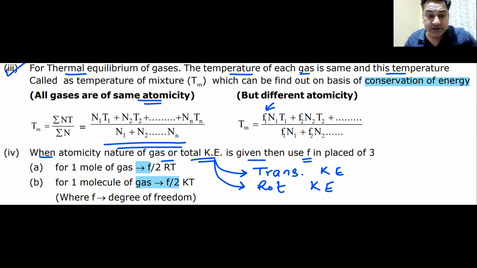I'll give you a minute to win it. Please note it down before this minute goes away. Have you noted it down?